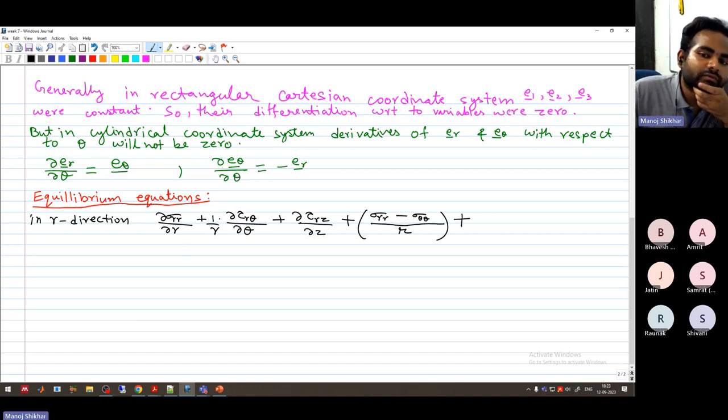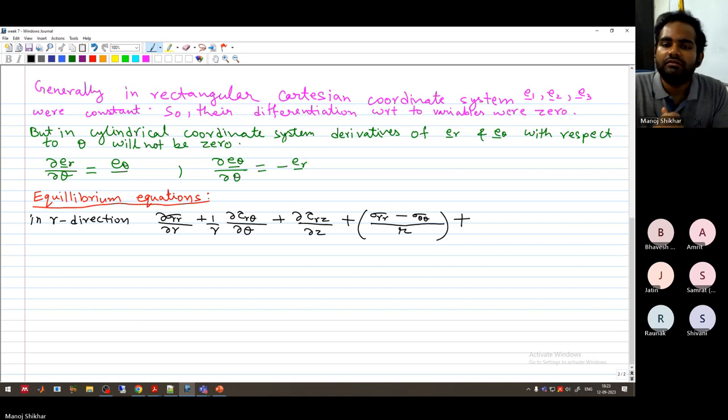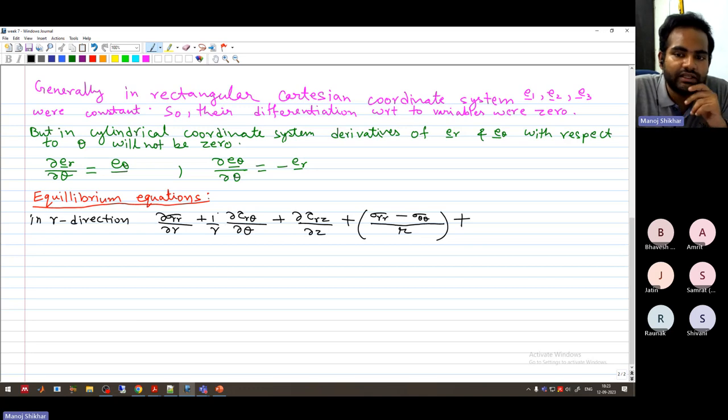And one more thing to remember for the cylindrical coordinate system, or any coordinate system involving theta or phi: whenever you have a derivative with respect to theta, it gets accompanied by 1 by R. The reason being, we are differentiating the quantity with respect to length, and theta does not have any unit.